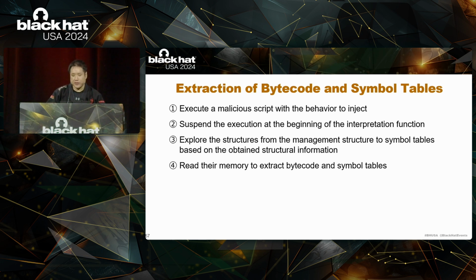Next, we suspend the execution at the beginning of the interpretation function. After that, we explore the structures and arrays from the beginning of the management structure based on the obtained structure information to find the bytecode and symbol tables in the dereference chain. Finally, we read the found memory regions to extract them.